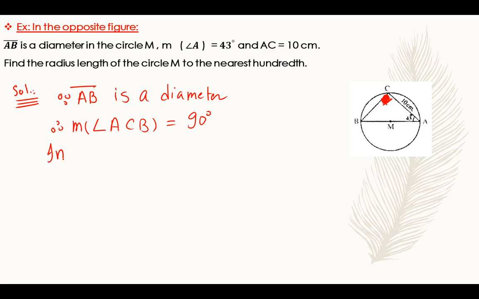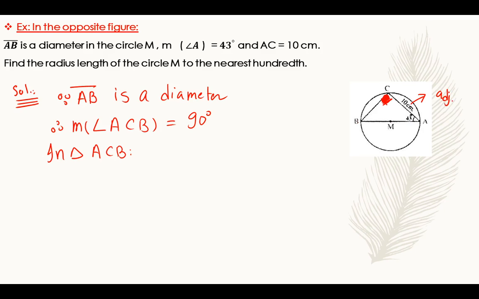Now in triangle ACB, here we want to find the radius length. To find the radius length, we need to find the length of AM or MB. How can we find it? Here we have measure of angle A equals 43, and AC is the adjacent side, and AB is the hypotenuse.